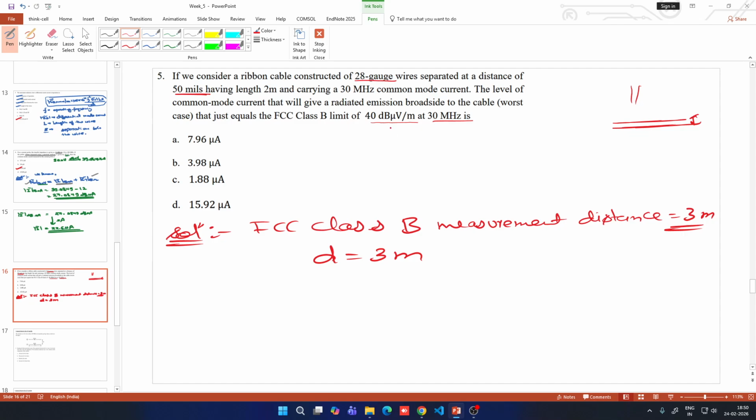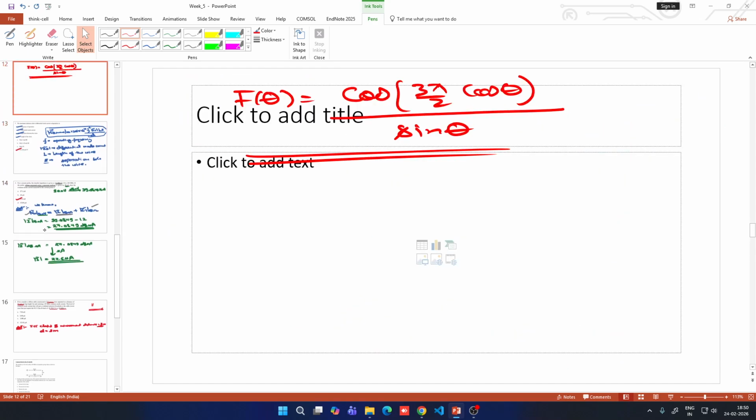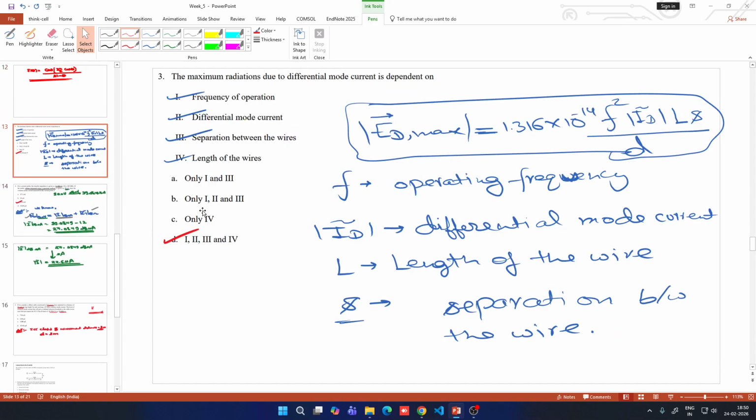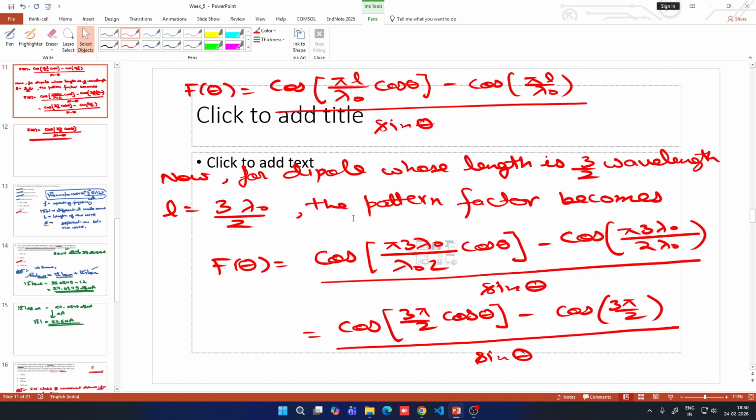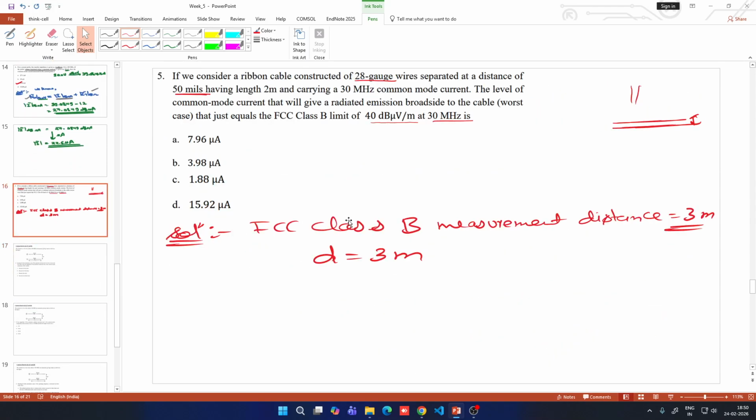And what we have to find in the problem is the level of common mode current which can give a maximum E field, or maximum radiated field, of 40 dB microvolt per meter. So we have already solved something similar here, right? Okay, we didn't solve it for the common mode, we solved it for differential mode.